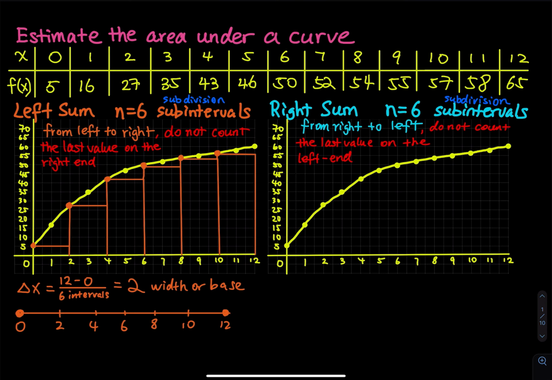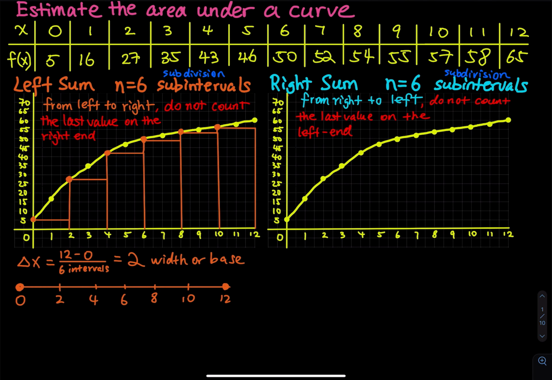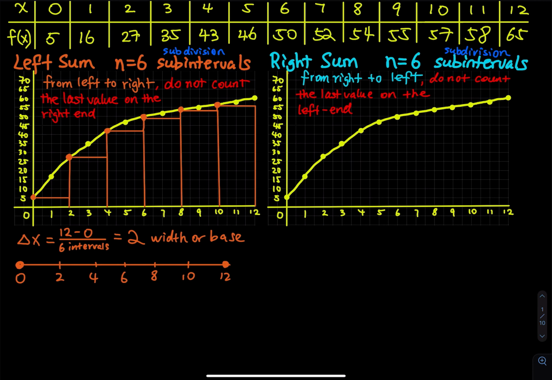Now, the next question is, how do you find the area of a rectangle? The area of each of these rectangles is base times height, right? So we are going to do this. Left sum, n equals 6. So we are going to write L6, that is left sum, using 6 intervals. And then for the first rectangle, we have the delta x, which is 2, right?